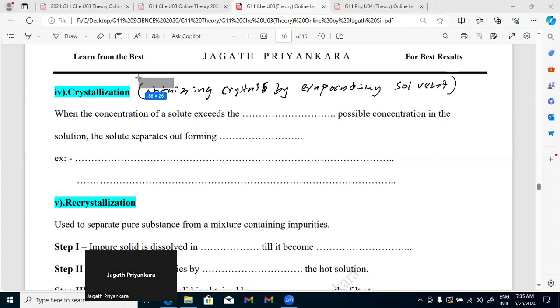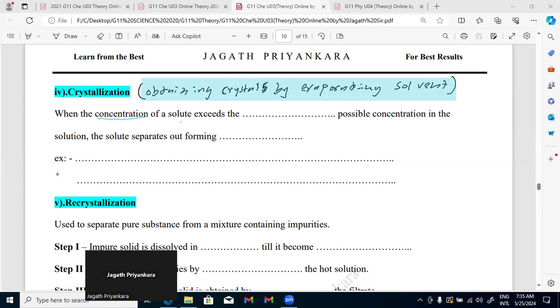That means volatile compounds evaporate. Non-volatile compounds remain. Example, seawater. What is volatile? Water. What is non-volatile? Salt. So what happens when you evaporate water, student? It becomes a thick solution. Concentration increases.